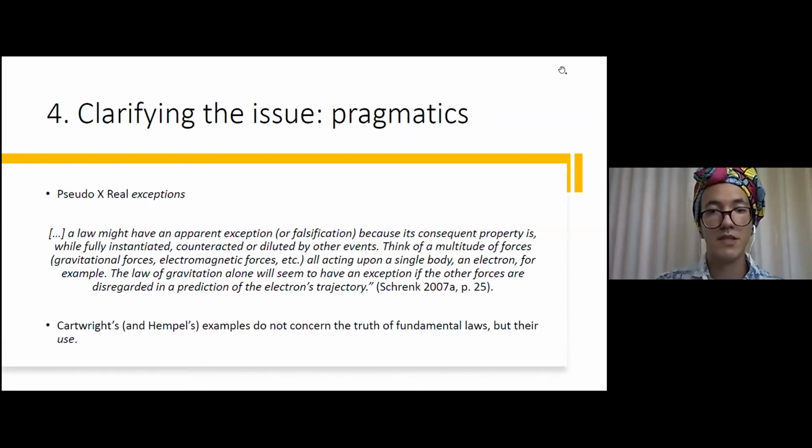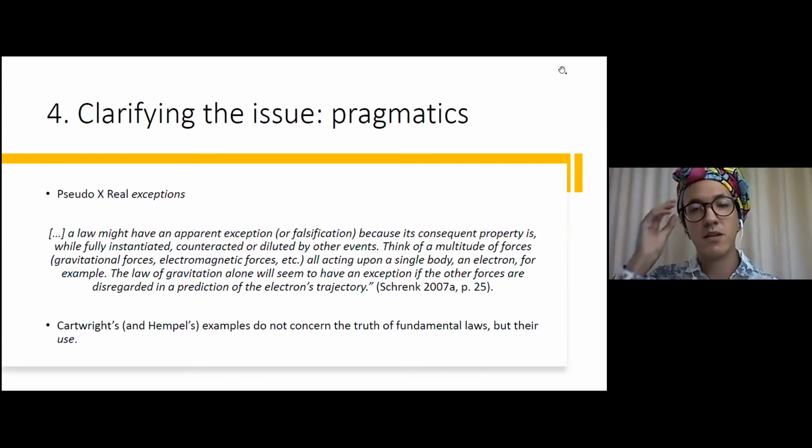The law of gravitation alone will seem to have an exception if the other forces are disregarded in a prediction of the electron's trajectory. So a pseudo exception is basically this: we have a ceteris paribus law, you have the ceteris paribus condition, and the condition is not satisfied. So you regard this case as an exception. However, it is fully covered by the ceteris paribus conditions, so it is not a real exception.